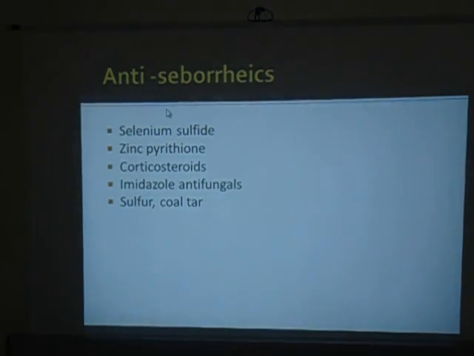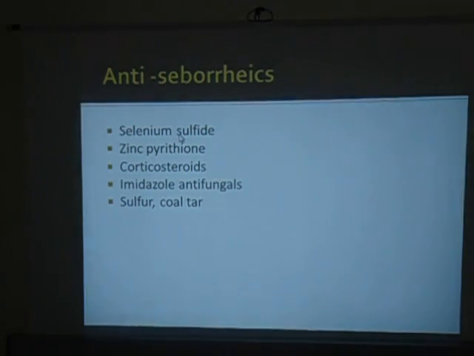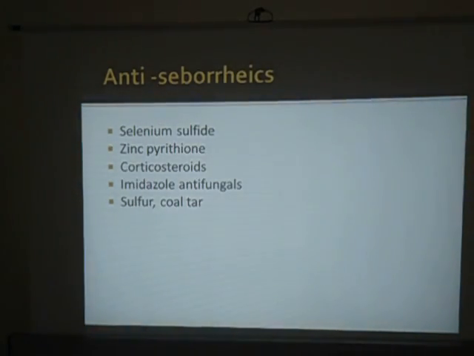So what drugs can be used here? One is imidazole or ketoconazole or antifungal shampoos that we have discussed. Other things are selenium sulfide, zinc pyrithione. These corticosteroids are like double-edged swords. These are immunosuppressants.